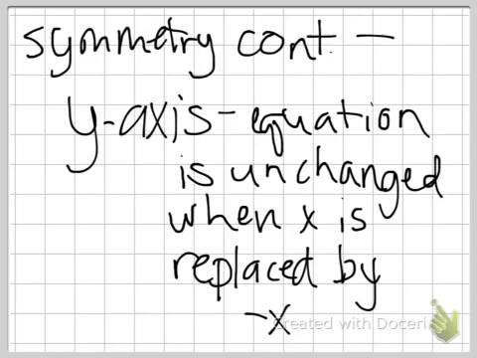Symmetry with respect to the y-axis means that the equation is unchanged when x is replaced by negative x. The geometric meaning of this is that the graph is unchanged when reflected in the y-axis.